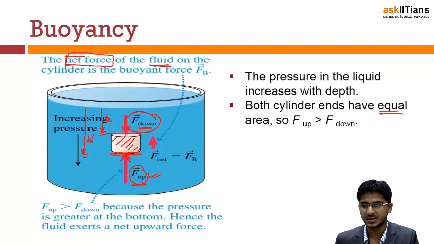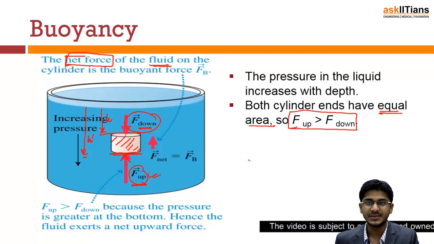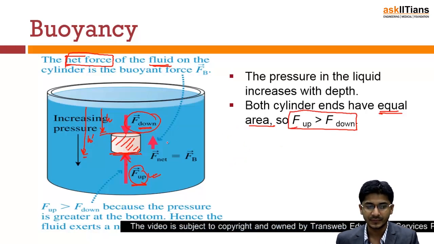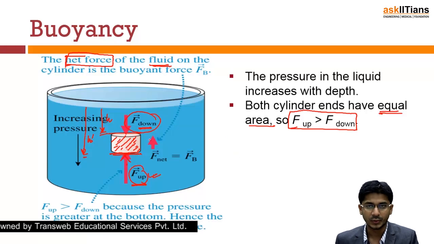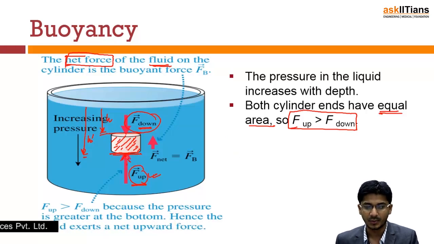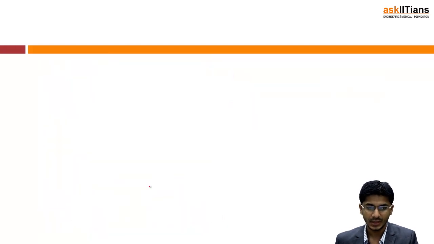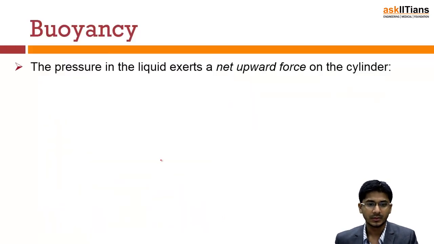Here we have considered a cylinder of equal cross-sectional area. That means for the upward force that acts on a body immersed in a liquid, partly or wholly, the pressure from the bottom is greater than the pressure from the top. That's why there is an upward force.